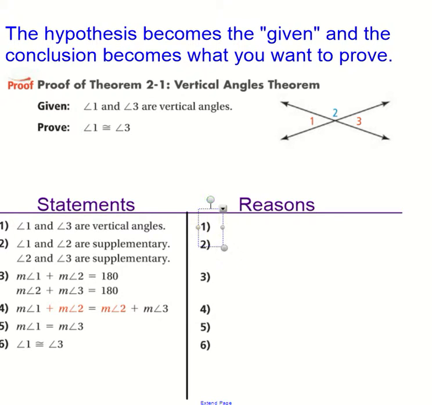Let me just change my font size before we start doing a lot of writing. Alright, we're given that angle 1 and angle 3 are vertical angles, so this is our given statement. We're going to go through and justify each of these steps for this proof. Next one is 2. Angles 1 and 2 are supplementary, and angles 2 and 3 are supplementary. How do we know this?